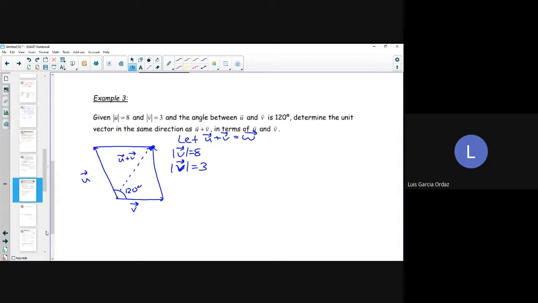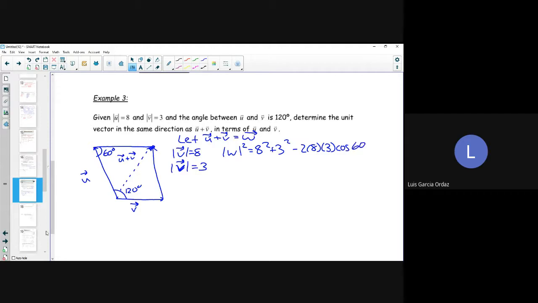So I know my one obtuse angle is 120, which means this acute angle over here is going to be 60 degrees. Now, because u plus v is equal to vector w, I can therefore find the magnitude of w squared is equal to 8 squared plus 3 squared minus 2 times 8 times 3 times cos of 60.